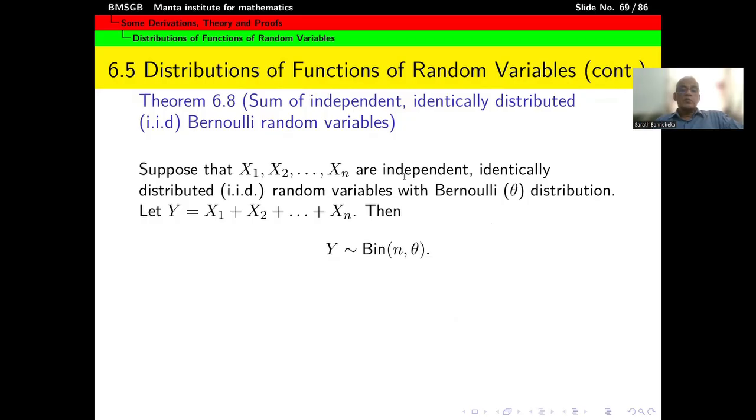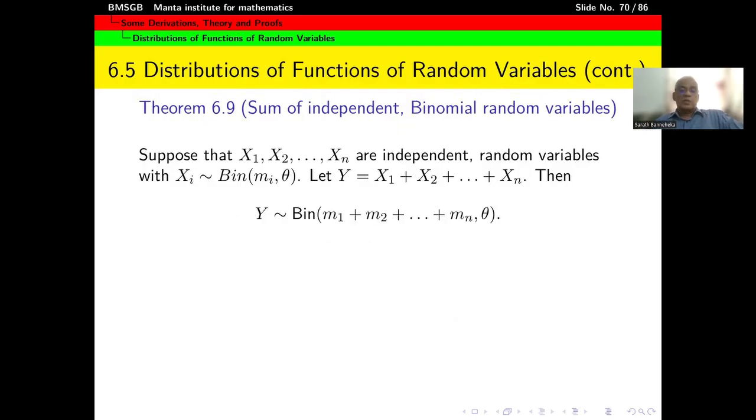Now let us look at the sum of binomials. Suppose x1 up to xn are independent random variables where xi has a binomial mi theta distribution. So x1 has a binomial distribution with m1 theta, x2 has a binomial distribution with parameters m2 theta.